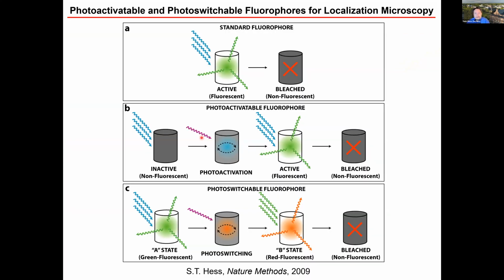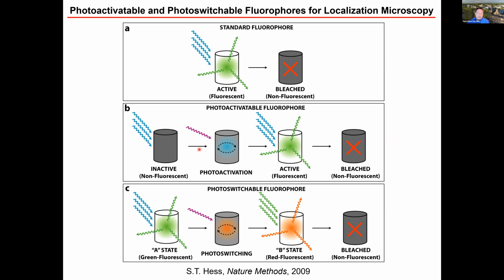So we need fluorophores that can be controlled. We need photophysical control over the states. And a conventional fluorophore is not exactly ideal. It would be typically fluorescent. All of them would be fluorescent or potentially fluorescent until bleaching.